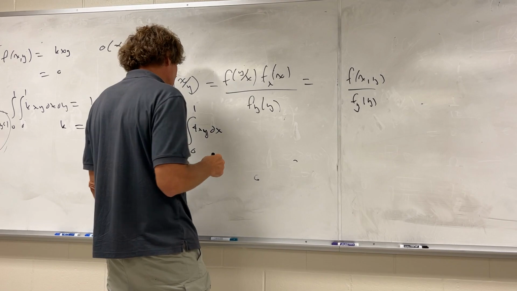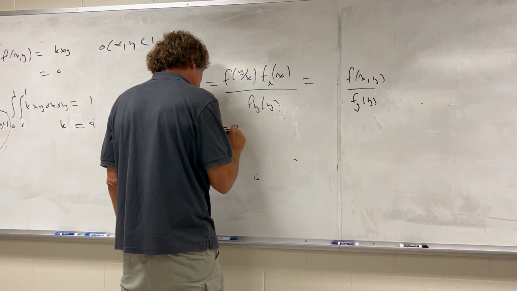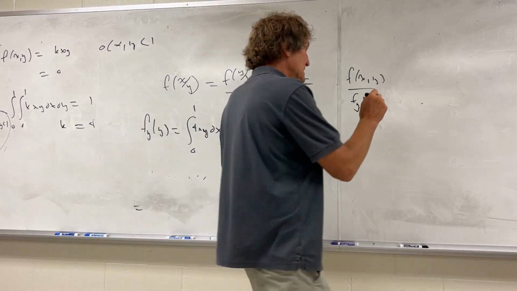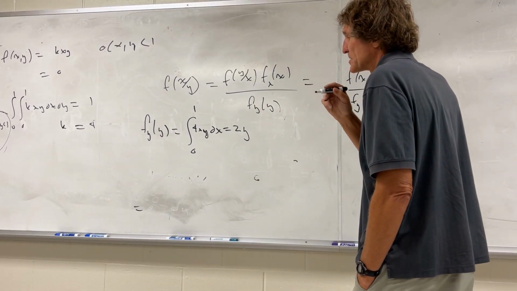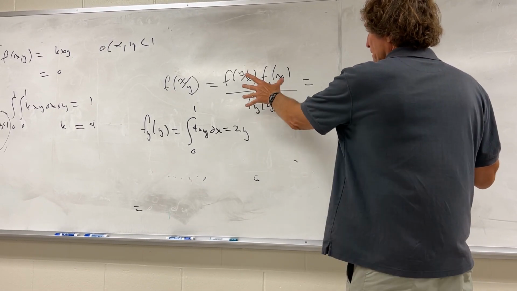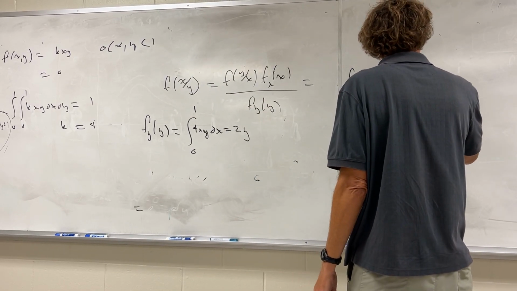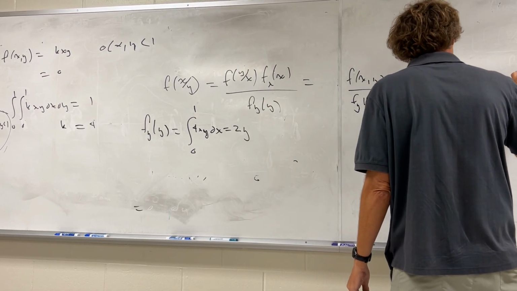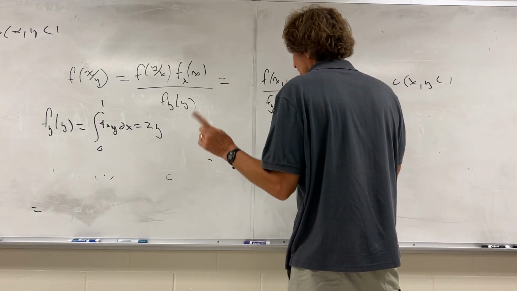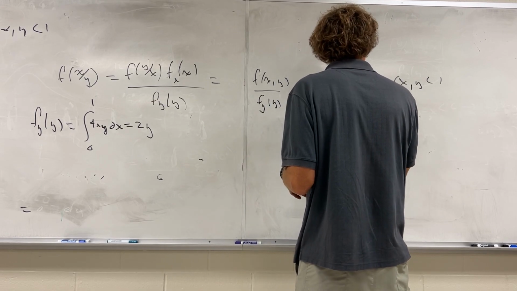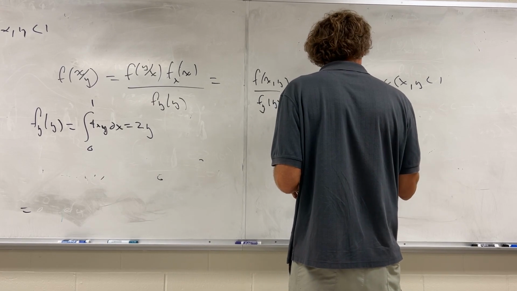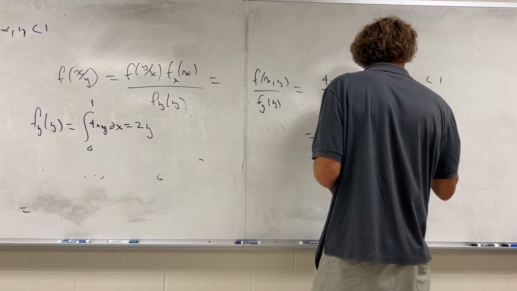X squared over 2 from 0 to 1 is 1/2, so this is equal to 2y. So this conditional probability is 4xy, for x comma y greater than 0, less than 1, divided by 2y, which is simply equal to 2x for 0 less than x less than 1. Do you all agree with that?